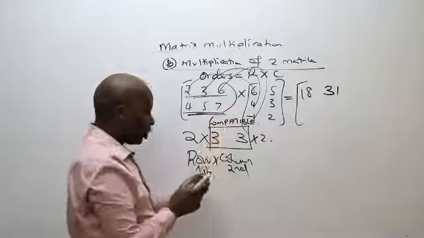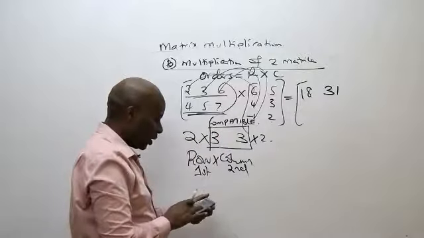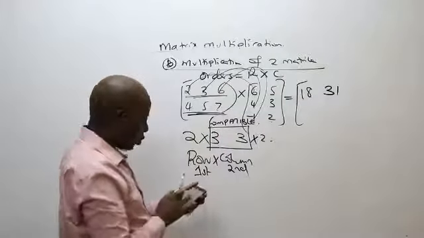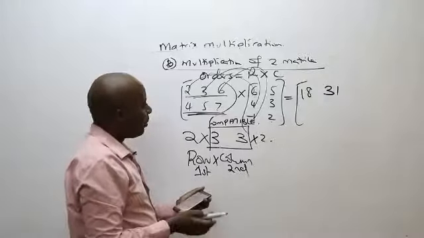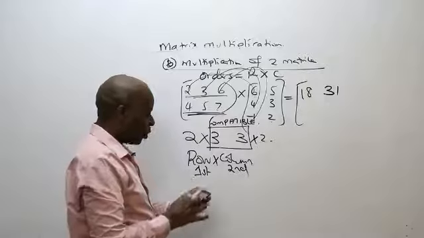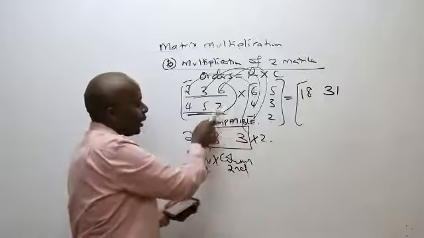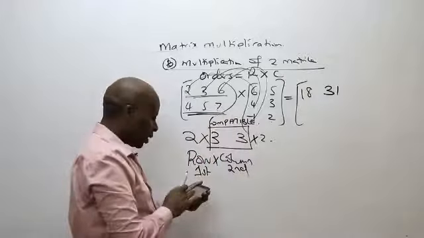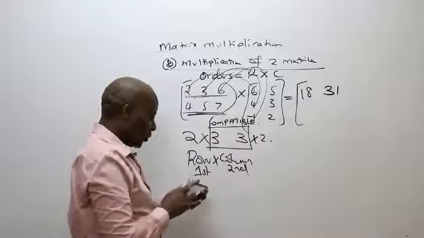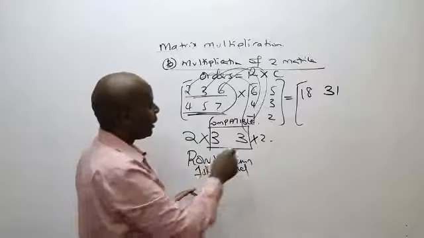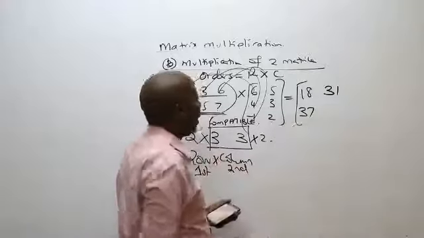If I was to put my calculator on here, what do we have? First ones are 4 and 6, plus 5 and 4, the second ones, plus the third ones, which will be 7 times minus 1. I am getting 37.